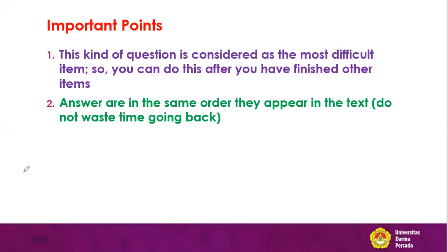That is impossible, so you don't worry about that. That's why when you have finished reading paragraph 1 and you go to the next question, you don't read paragraph 1 again, because that is going to waste your time.